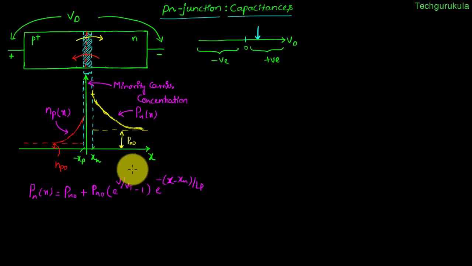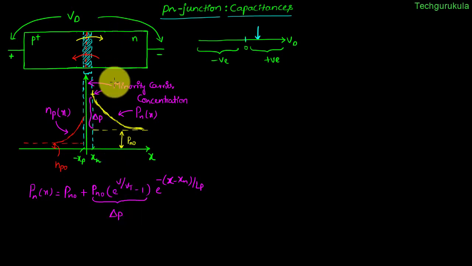You can see that at x equal to xn, the concentration at this point would be equal to Pn naught plus this value, which means this value is nothing but the del P, which is actually injected into the N side right at the edge of the junction. So this value is del P, which is given by this.